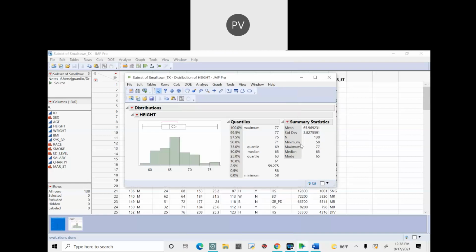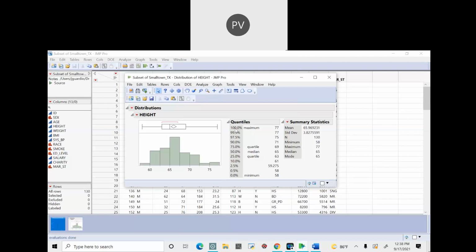So this is your summary statistics, which gives you mean, median, mode, CV, variance, standard deviation. Okay. Now, the column next to that is your quantiles, which will give you the five number statistics, right? The maximum value is 77 from the histogram here, which is nothing but your 100%.